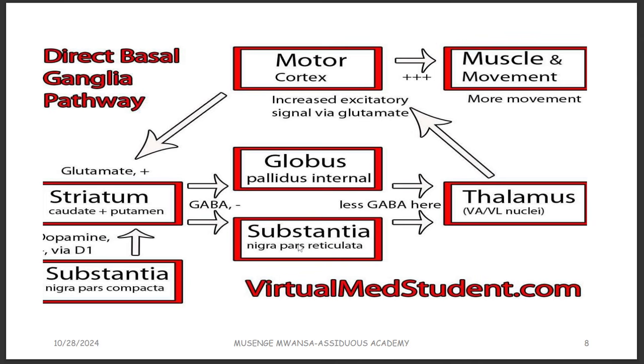And because we've inhibited these two, which produce GABA, GABA is not produced. So because it's not produced, there is no inhibition on the thalamus, and therefore the thalamus gets to produce its glutamate that excites the motor cortex, and then you have more muscle movement.